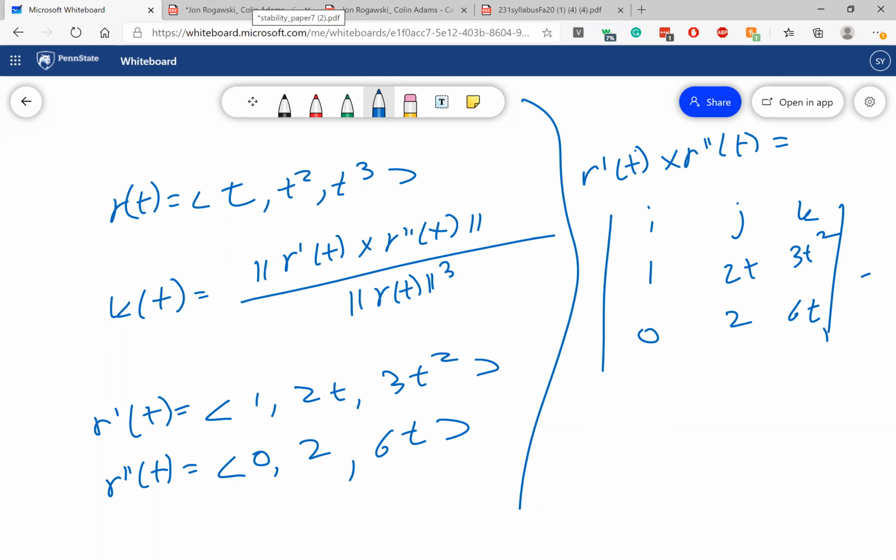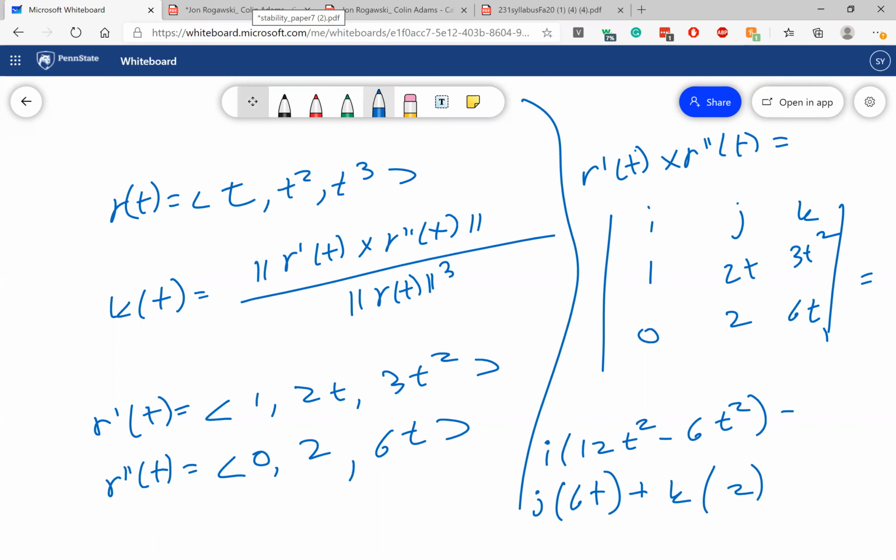So this is going to be equal to i times (12t squared minus 6t squared), minus j times 6t, plus k times 2.